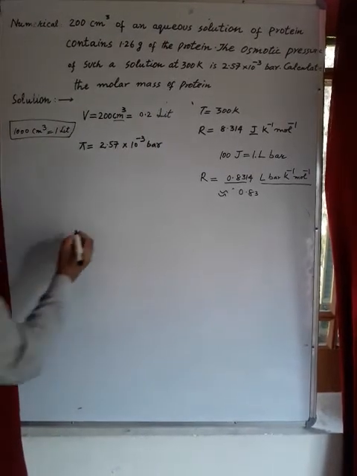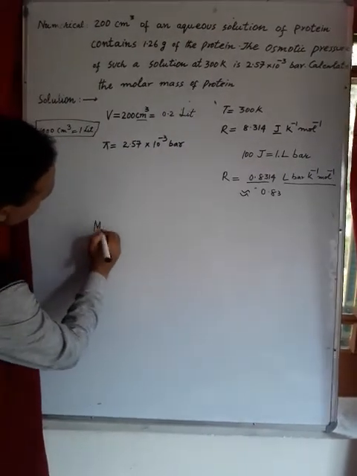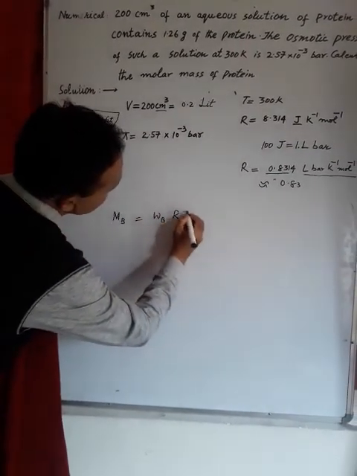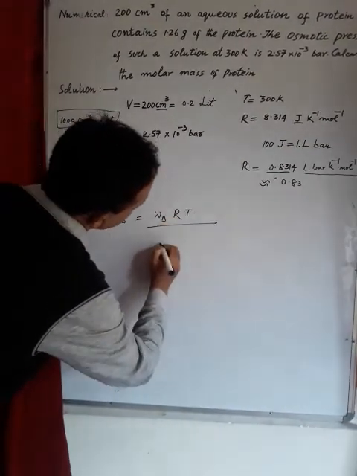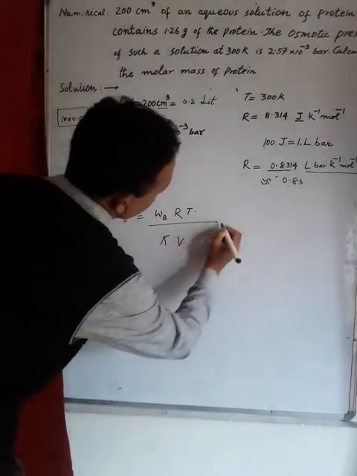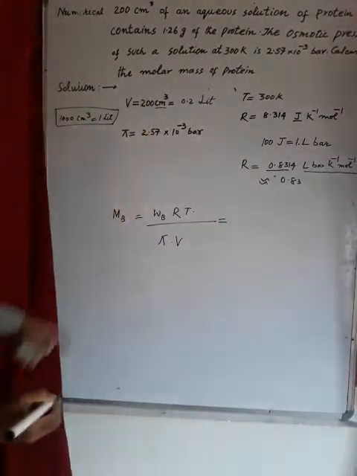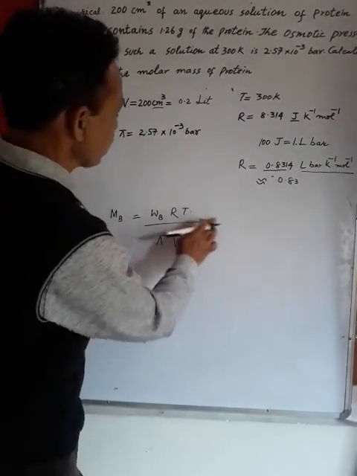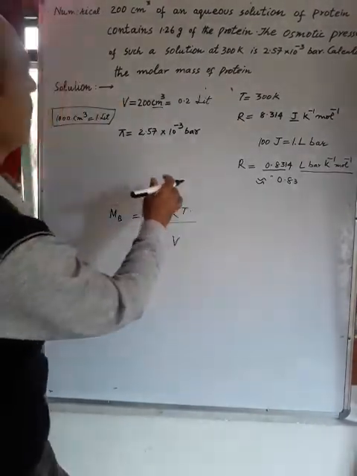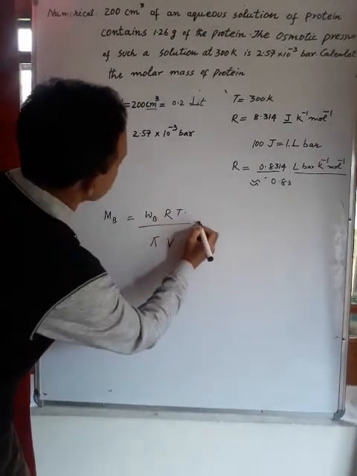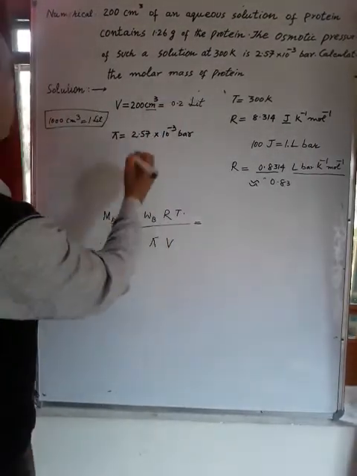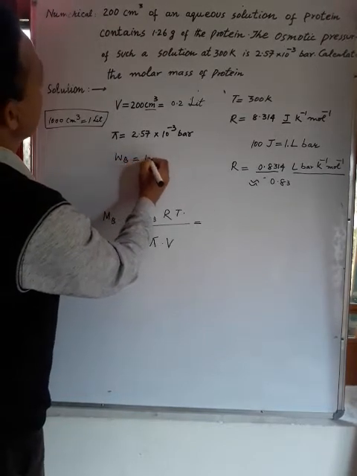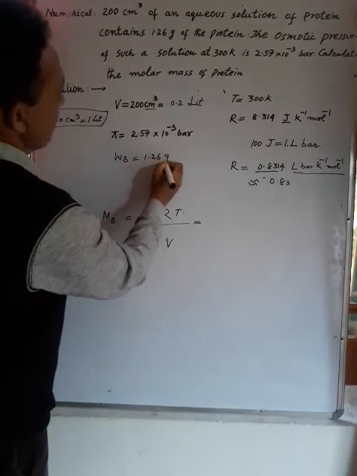Now we have the equation that M_B is equal to W_B R T divided by pi V. Substitute the values. W_B is equal to 1.26 gram.